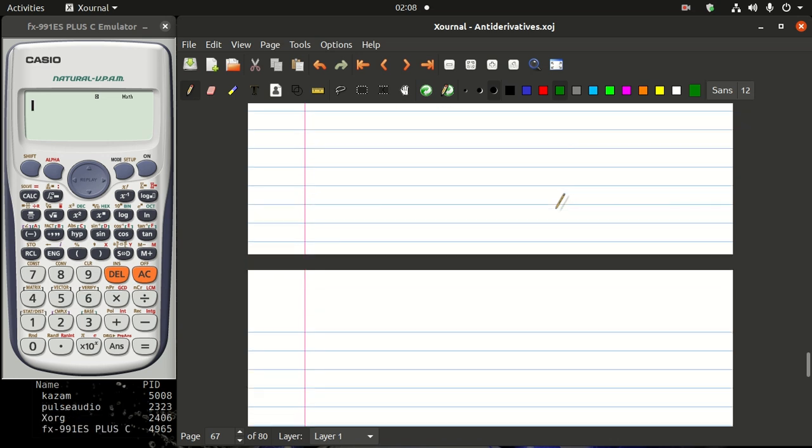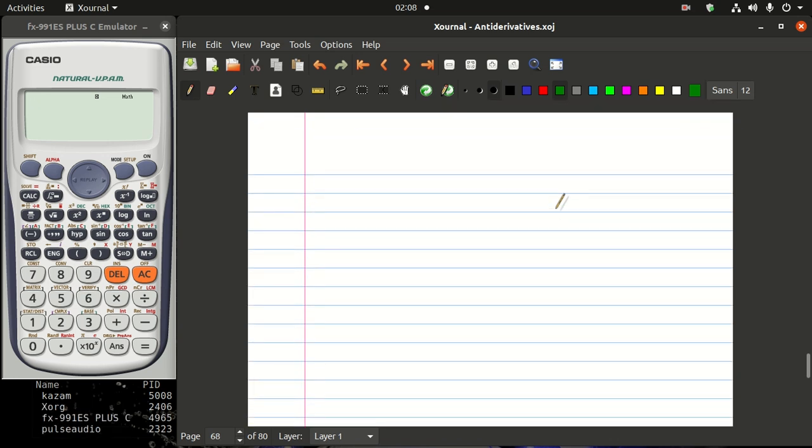Let's go to the fifth question. The fifth question was saying, I want us to find the indefinite integral of 1 plus cosine squared of x divided by cosine squared of x, dx.